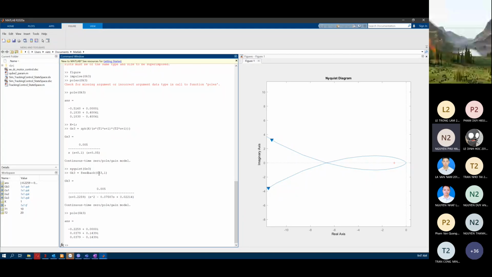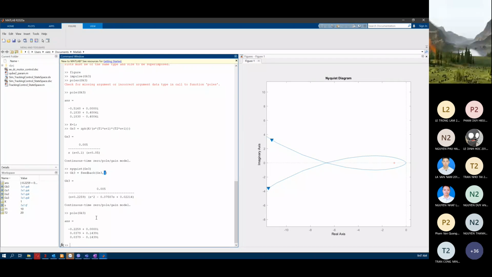Thay vì mình dùng hàm transfer thì mình dùng hàm feedback là thầy. Feedback đây là thực ra là một cái hàm để tìm cái closed loop mà khi mình có feedback thôi. Đây đúng rồi này.